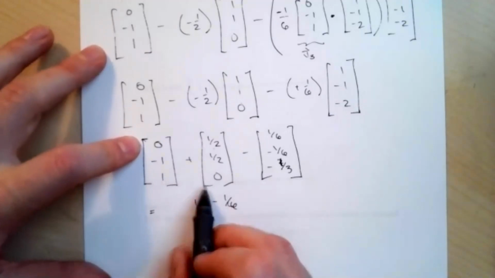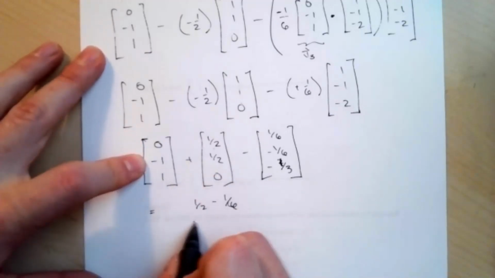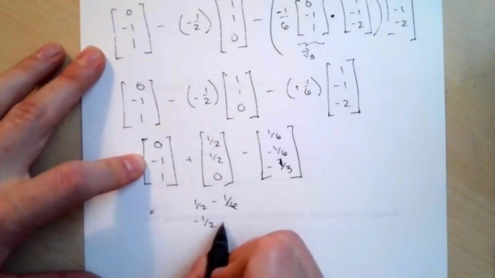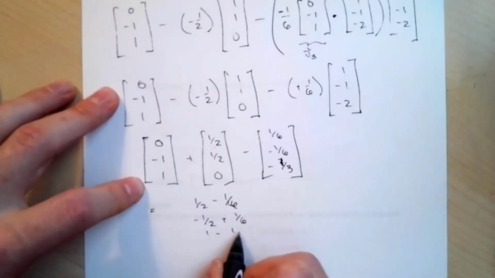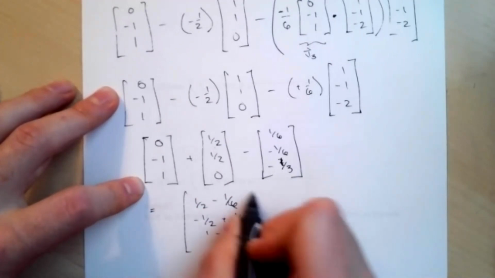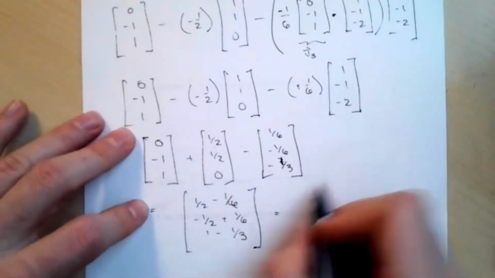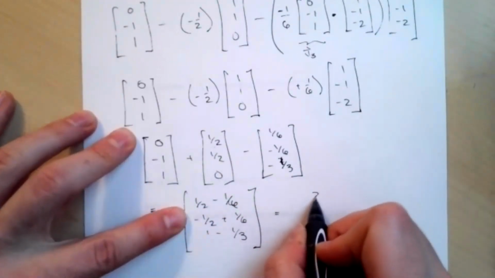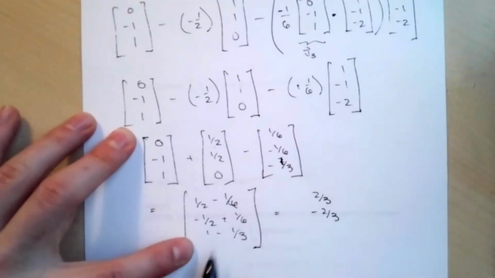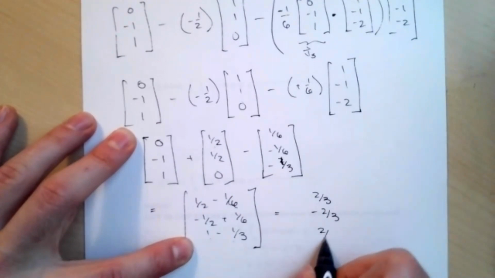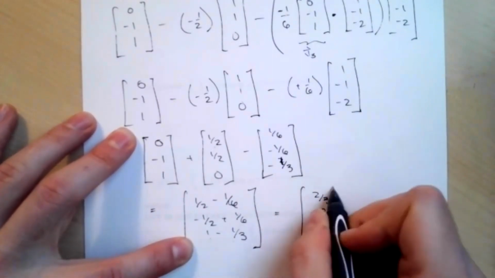And then we're going to get -1 plus 1/2 is -1/2 plus 1/6. And then we will have 1 minus 1/3. If everyone's doing those numbers, we're going to get a 2/3, minus 2/3, and a 2/3. So we get the same thing.